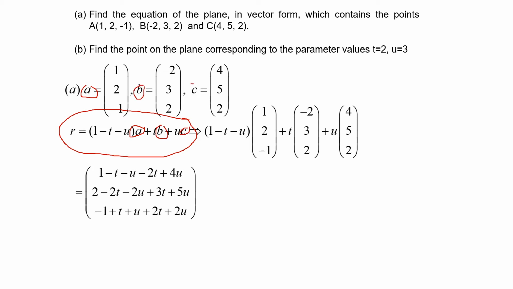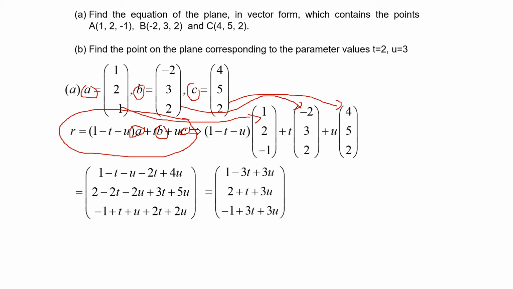Your next task is just to substitute accordingly into the formula. That's what we did over here: 1 minus T minus U, the first part of the formula, and then we substitute our A, which is 1, 2, 1, substitute B, and substitute C correspondingly. Then your next step is to expand it and simplify.